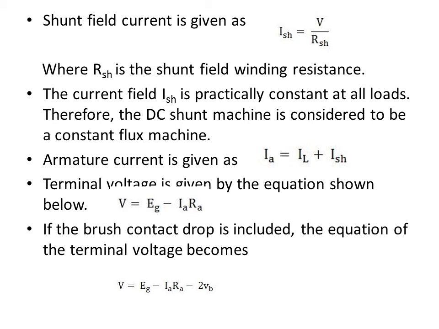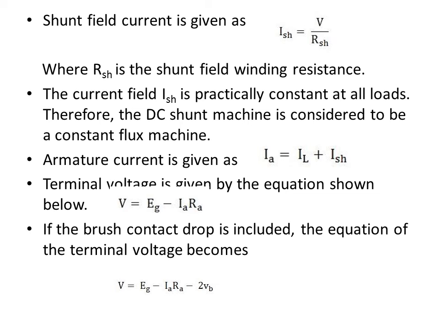ISH is the current flowing through the shunt field coil. The resistance of the shunt field coil is RSH, and the voltage available across the shunt field coil is V, the terminal voltage. Both are the same, so V by RSH is the shunt field current.